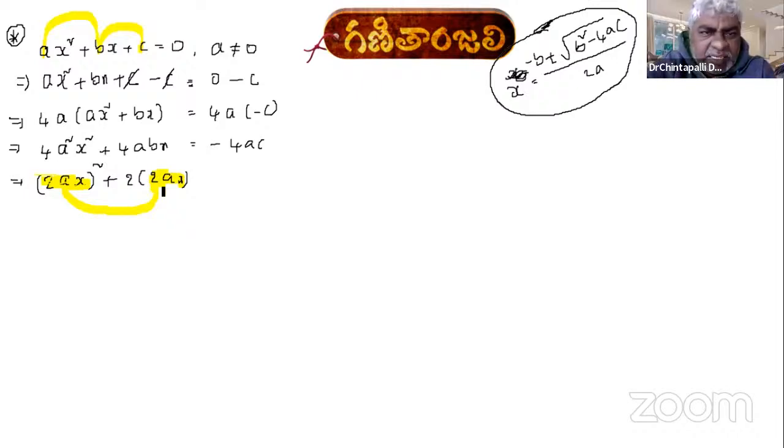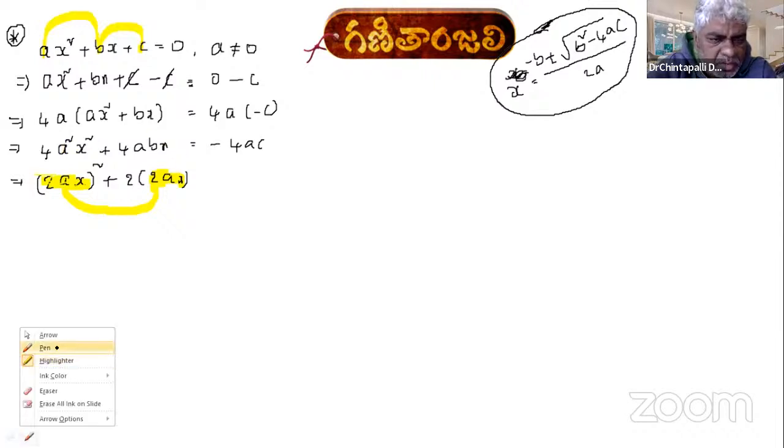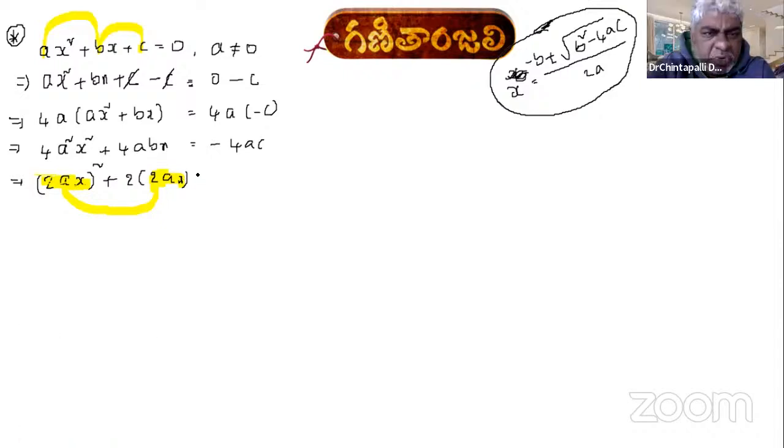So 4abx is expressed as 2 into 2ax into b. Now it is equal to 4abx, right? Yes. See, that is minus 4ac.